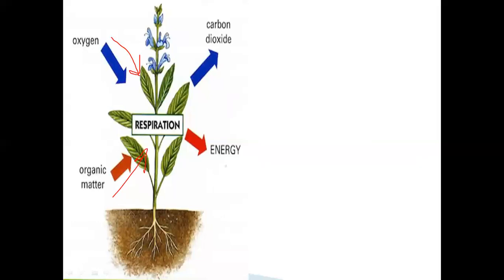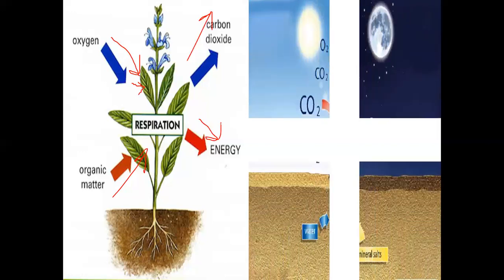So from the leaves, there are cells, and those cells have mitochondria. Oxygen enters the leaves through stomata and reaches the cells, and glucose is already present in the cell, so they both react and form carbon dioxide as a result, and energy which is used by the plants.